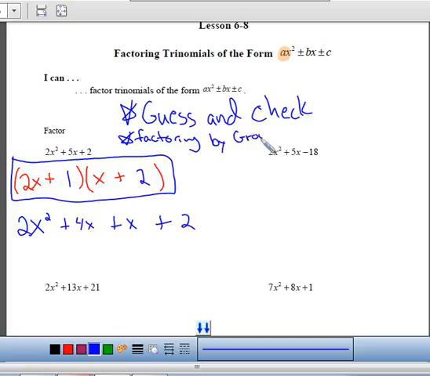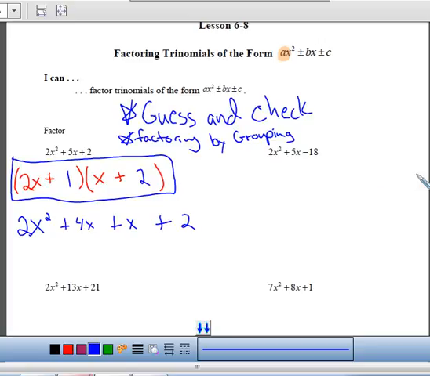And there are definitely going to be some problems where factoring by grouping is the best way to go. And if you don't learn how to do it, there's a problem on the test, and there'll probably be problems on the Regents, that if you don't know how to factor by grouping, you're going to be in a world of trouble.